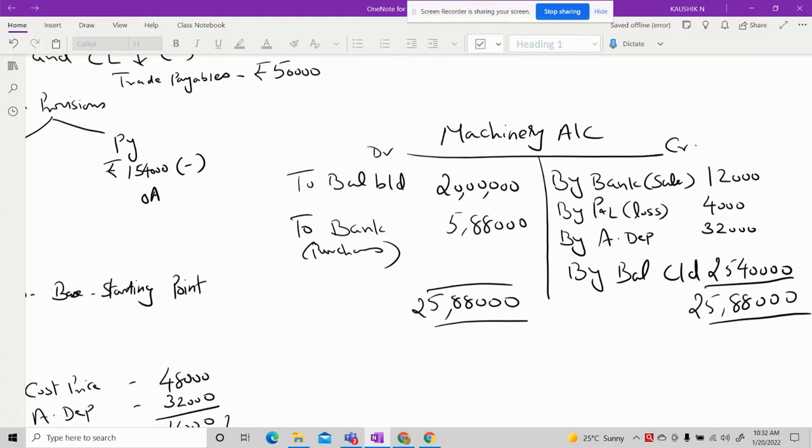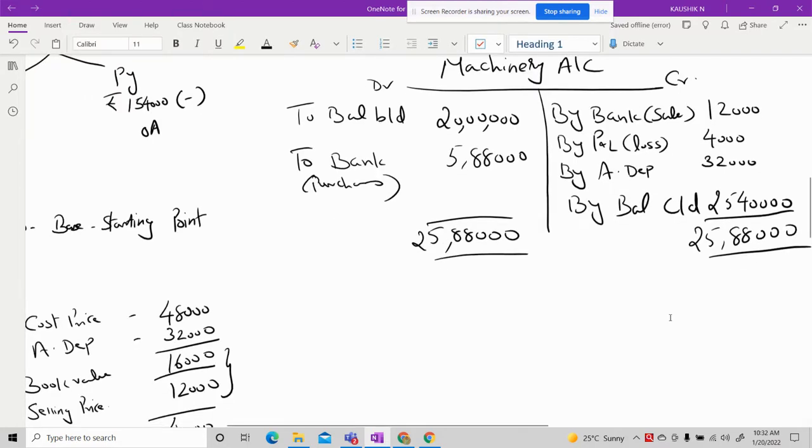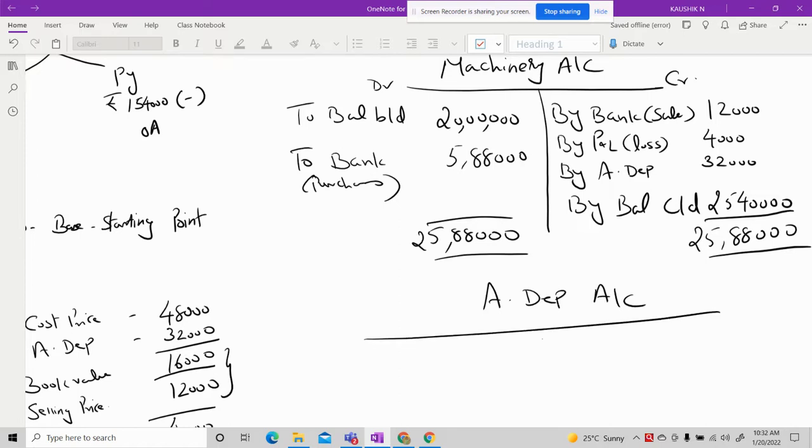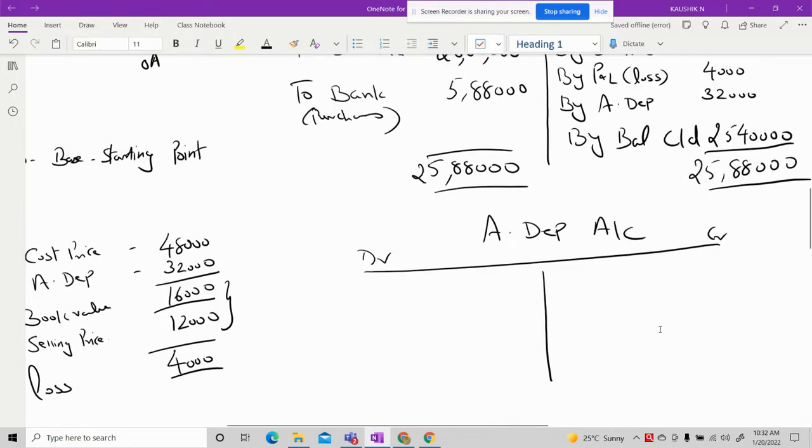And now you have to prepare the accumulated depreciation account also. I'm preparing the accumulated depreciation account just below this, debit side and credit side. You know very well that accumulated depreciation is nothing but provision for depreciation. So the opening balance should be on the credit, and the closing balance should be on the opposite side, in the debit.